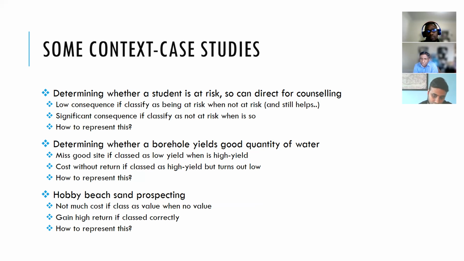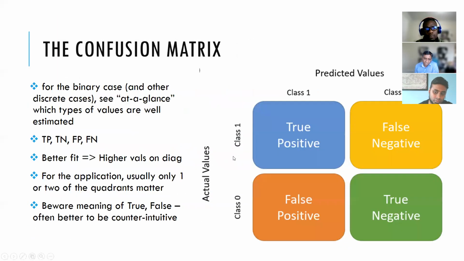Again, that has different consequences in terms of being right and being wrong. Okay, so those are some case studies there. And so we represent that as true positives and true negatives. So if it is true that something is positive, so let me back up. So let's say our problem is to classify whether something is positive or negative.